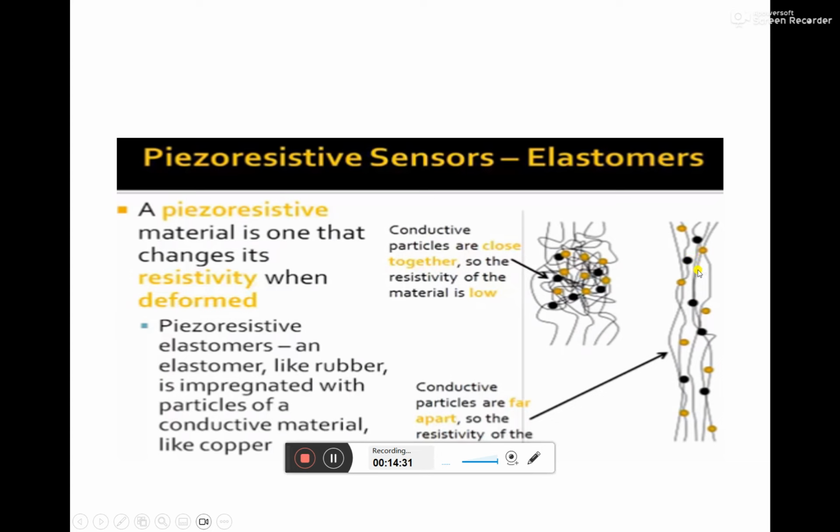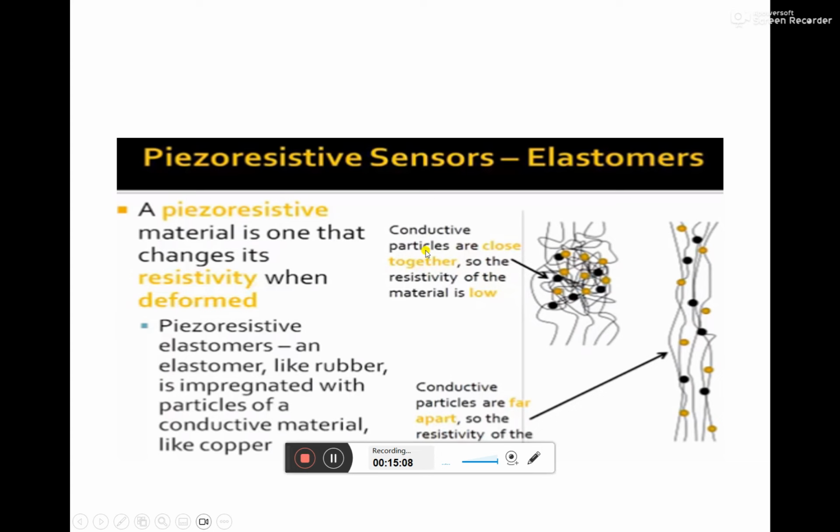These are conductive particles, and you can see they are placed very far apart. When some force is applied over this elastomer, these particles come closer together. Then their conductive nature increases, so the resistivity of the material is very low.